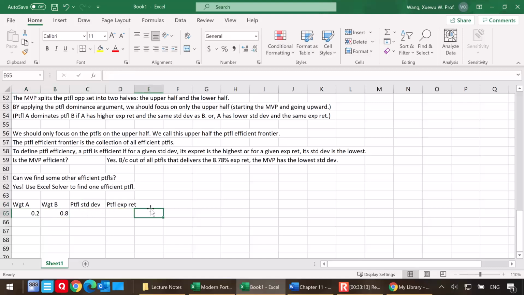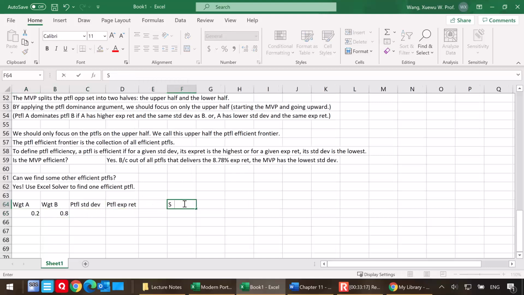All right, and I want to actually look at the sum of the weights. So in this case, it happens to add up to 1. All right, so 20% plus 80%. And remember, if you want to identify efficient portfolios, you have to fix one leg, one side. Either you fix the expected return or you fix the standard deviation.